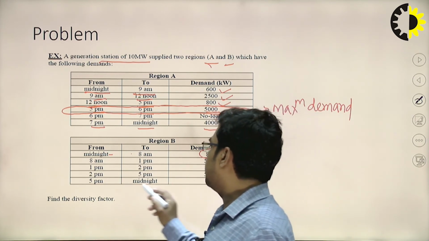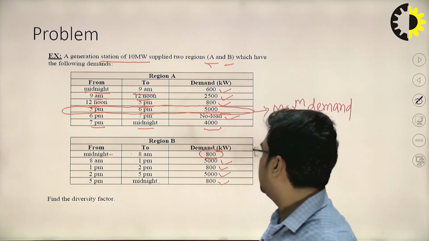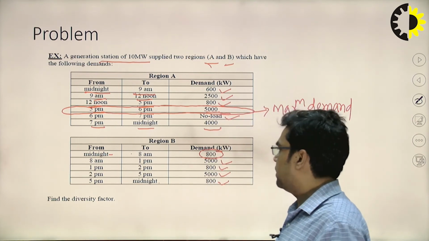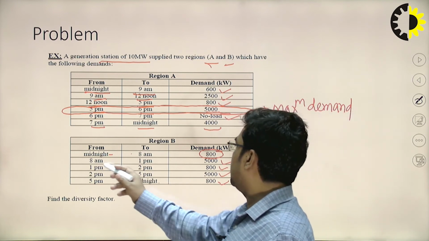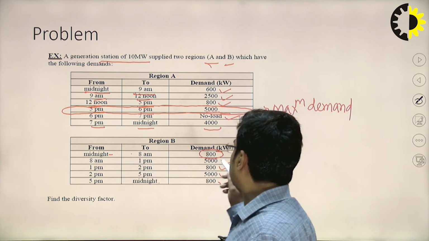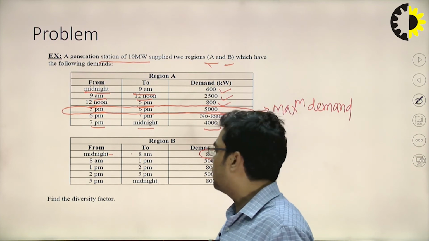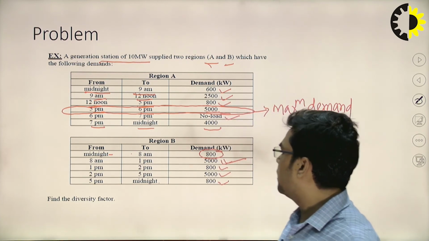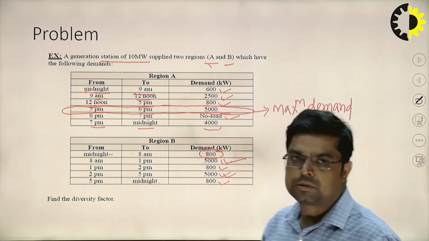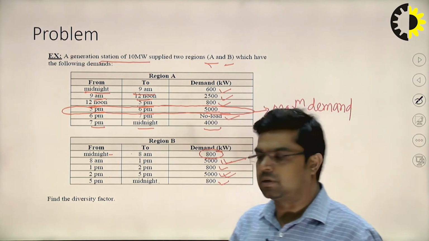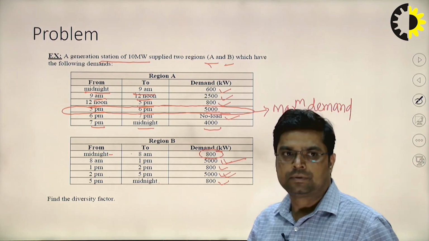From 5 PM to midnight, 800 kilowatt. This data is given. So again we get to know that region B has a maximum capacity of 5000 kilowatt from 8 AM to 1 PM and from 2 PM to 5 PM.